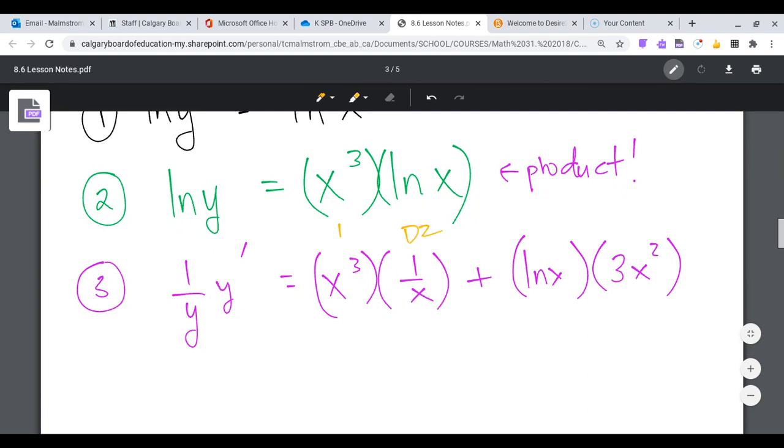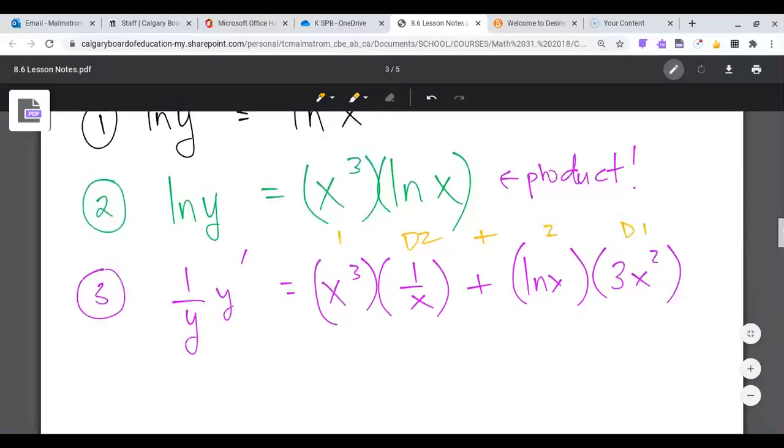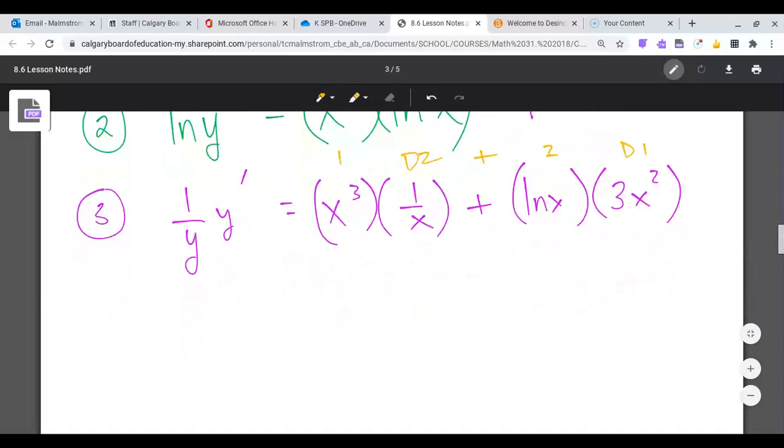Okay, so now what could we do to tidy up? It looks like I could cancel out one of those x's. So I'd have x squared, and then I would just have plus 3x squared ln x.